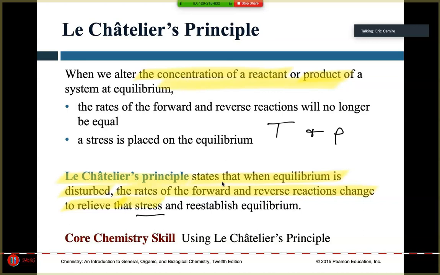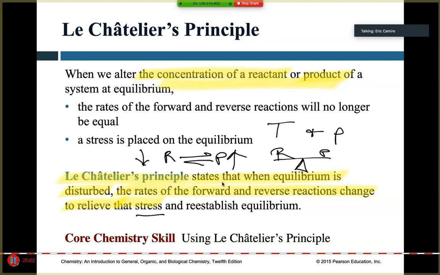So don't think of it as human stress, but by stressing the system, if I increase one side, the other side is going to have to decrease, to basically keep that analogy of having a balanced seesaw, where we have our reactants and products.